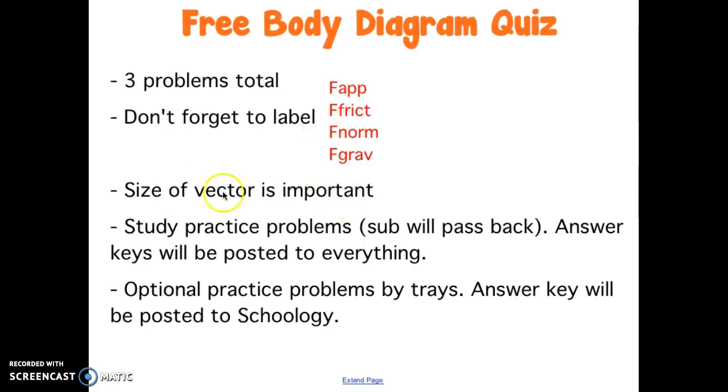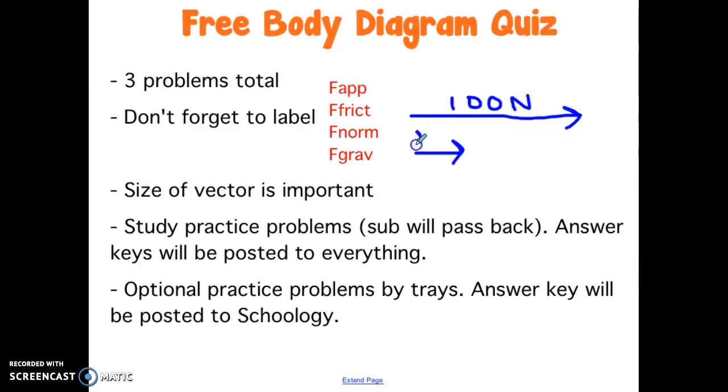The next thing that I saw when we were doing practice problems is that we weren't paying attention to the size of the vector. So for example, if you have a vector or a force that is 100 newtons, that one should be visibly larger than a force, for example, that is 20 newtons.